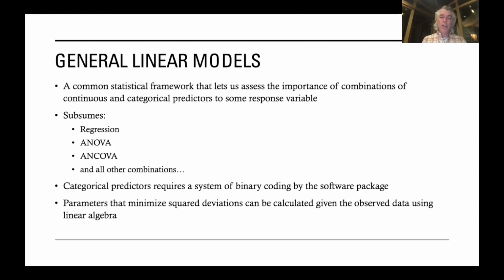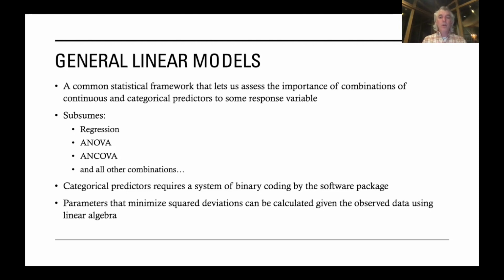This general linear model framework also provides the starting point as we expand further in subsequent videos to talk about other types of models that are based on this general linear model foundation.